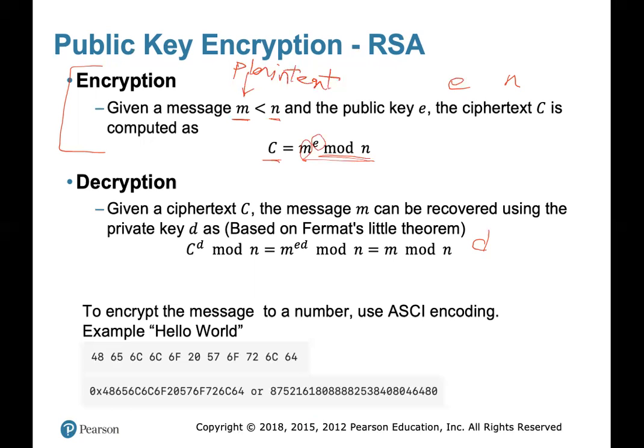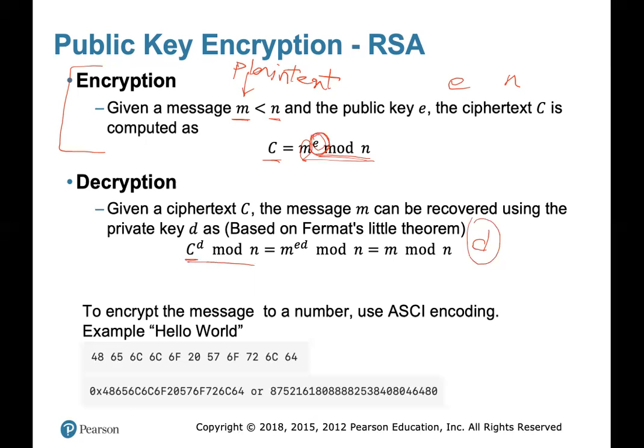And the decryption. You see here E, which was our public key, is used in the encryption process. In the decryption process, we will be using D, which I said is our private key. And of course, on the decryption side, we have received the ciphertext C. So we take C to the power of D, in modulo n.